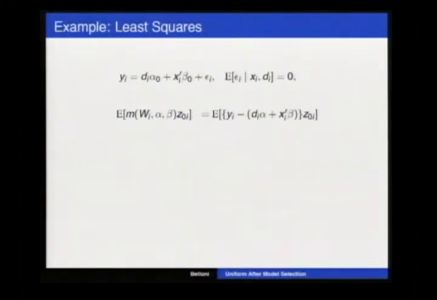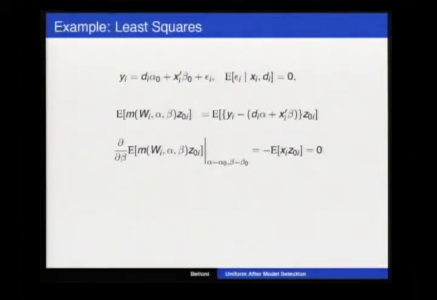So what we want to do is to take a derivative with respect to beta of this function. Well, this does not depend on beta, it's going to drop. This does not depend on beta, it's going to drop. This one depends on beta, so I get x, z0.